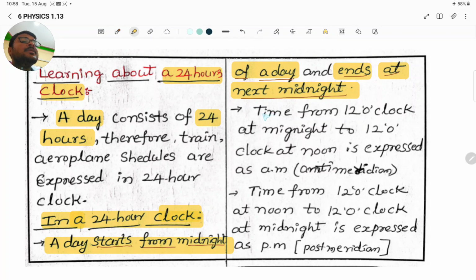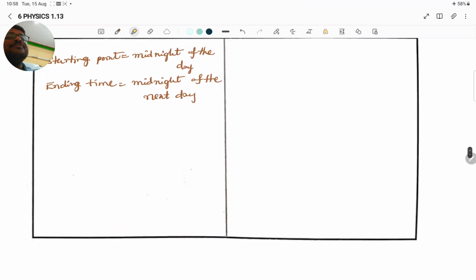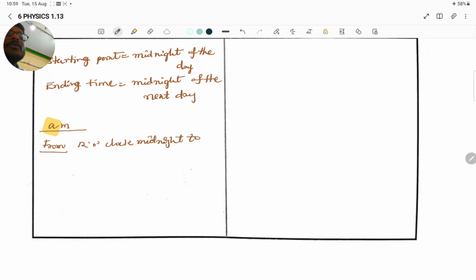Next, the time from 12 o'clock at midnight to 12 o'clock noon is expressed as AM, means anti-meridian. What is the meaning of AM? AM is nothing but from 12 o'clock midnight to 12 o'clock noon.